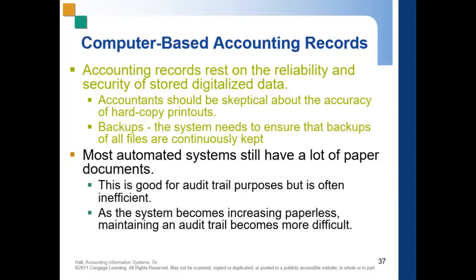Now, as the system becomes increasingly paperless, maintaining an audit trail becomes more difficult because it's all in the system and it would be hard to trace the transactions one by one, unlike when you are using the manual or paper system. So you can really see actual hard copies of what happened now and what happens next.